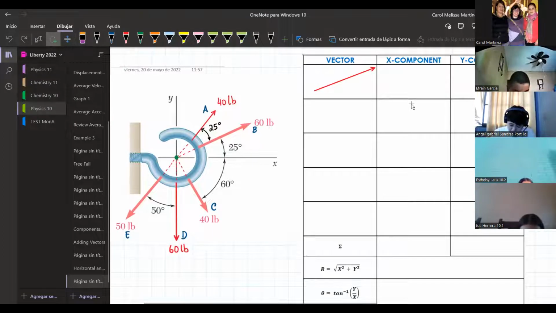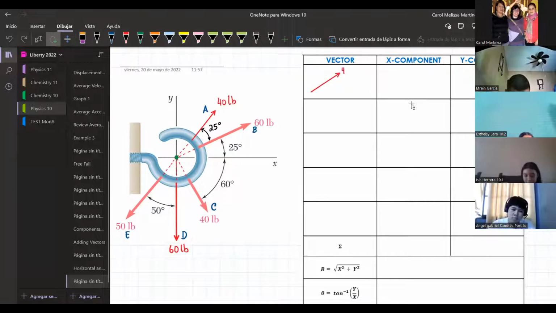And it measures how much? 40 pounds. And as you can see, it has an extension. You have the x-axis and you have the y-axis over here.